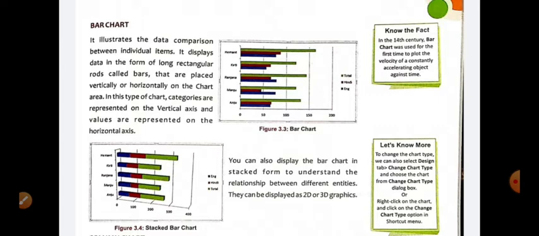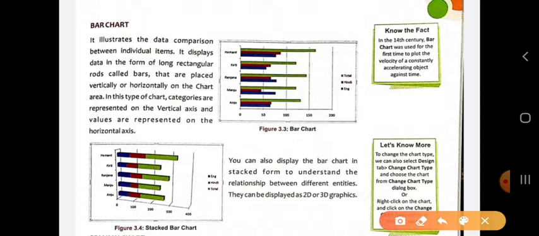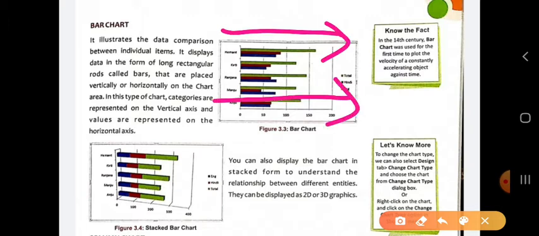That means in this particular chart type, the data come like this. If I am talking about the bar chart, then the representation of the chart will come like that.